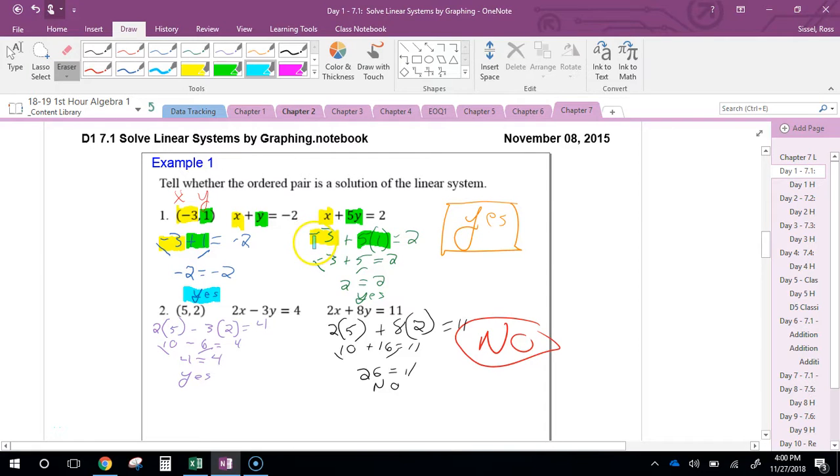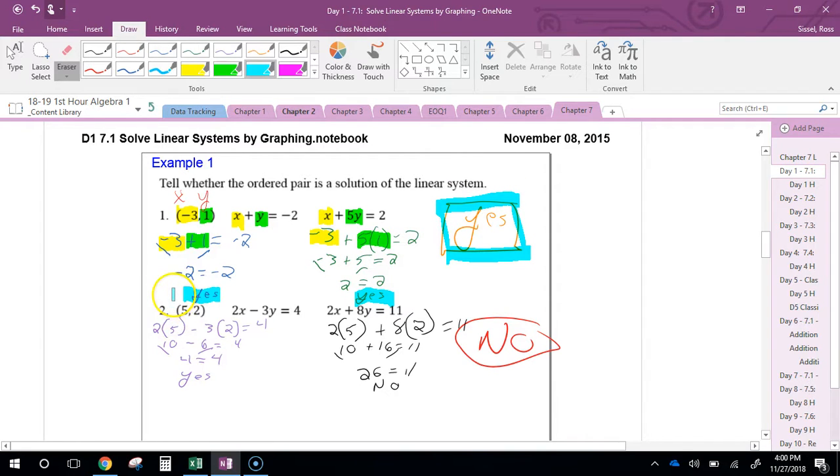So when I went over here, negative 3 plus 5 times y, which was 1, equals 2. Well, 5 times 1 is 5. So then negative 3 plus 5 equals 2. Negative 3 plus 5 is 2, so 2 equals 2. Yes, so we get our answer as yes.